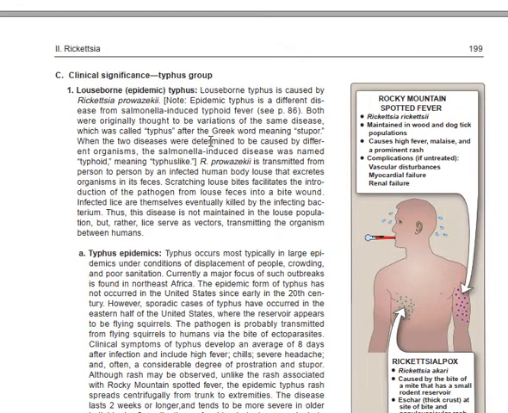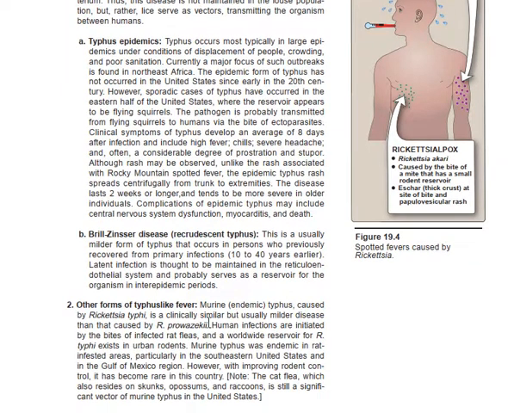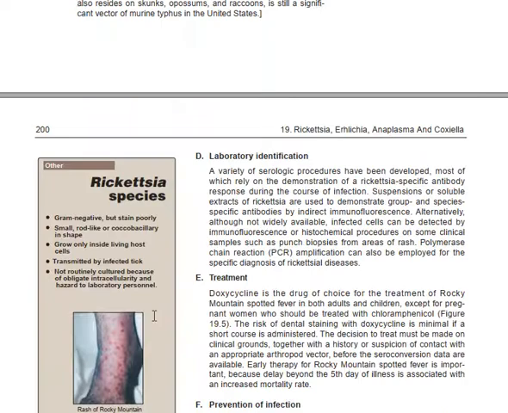We have other diseases like the typhus group diseases: louse-borne typhus, which is divided into epidemic typhus, Brill-Zinsser disease, and other forms of typhus-like fever.